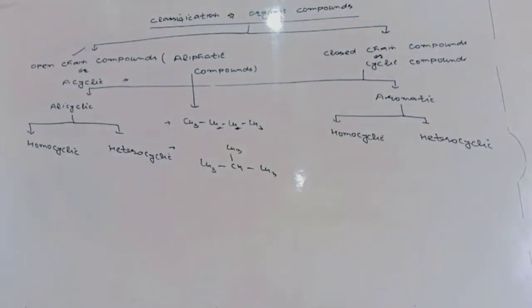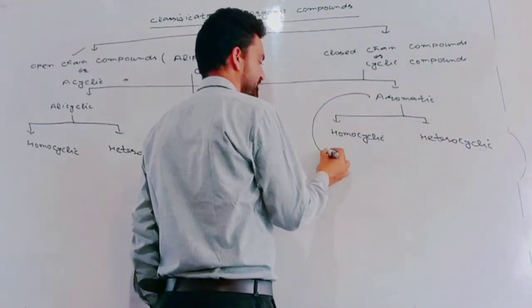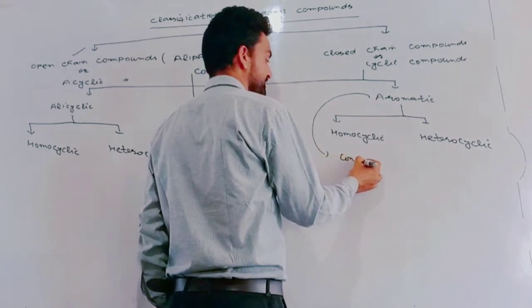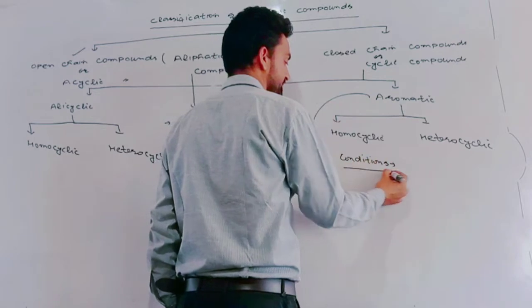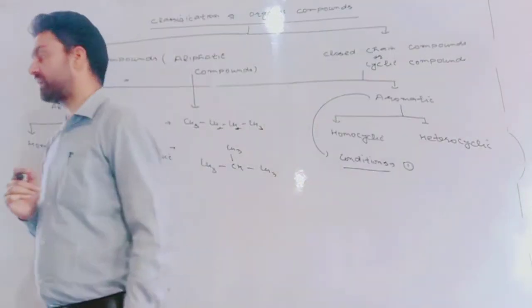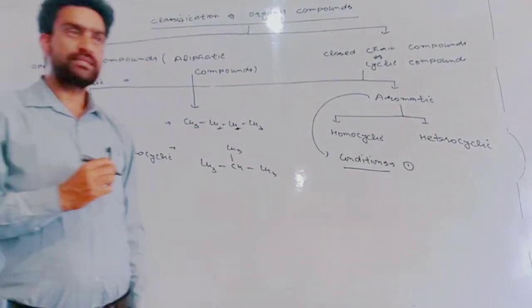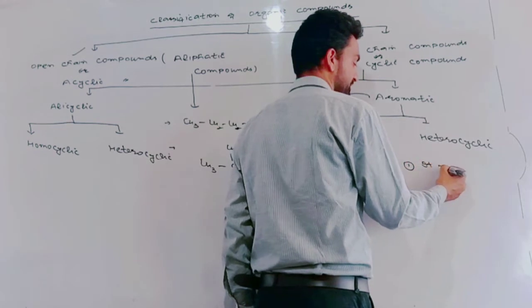Aromatic conditions. What are the conditions for aromatic compounds? First condition, write it up. The compound must be cyclic and planar.